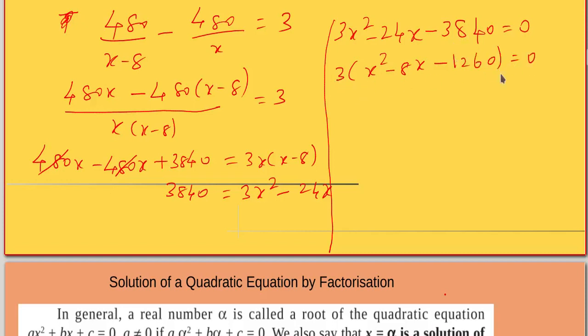Bringing this 3 here, 0 by 3 becomes 0. So x square minus 8x minus 1280 equal to 0.